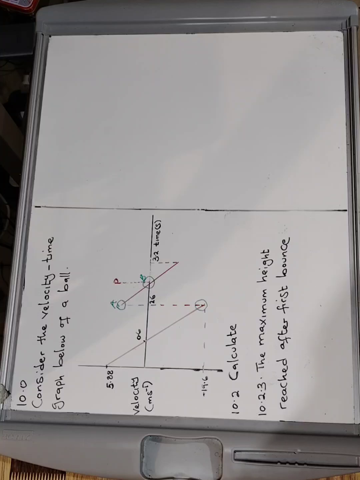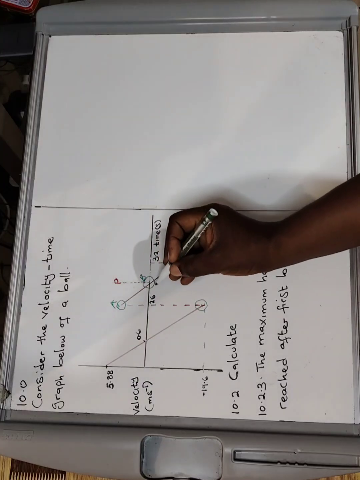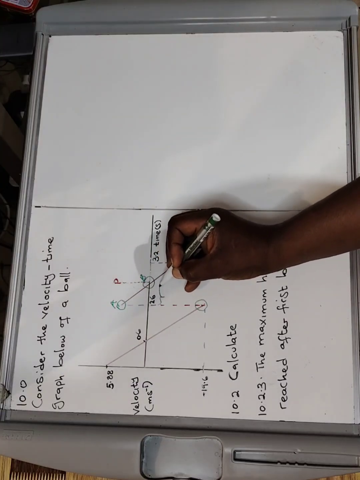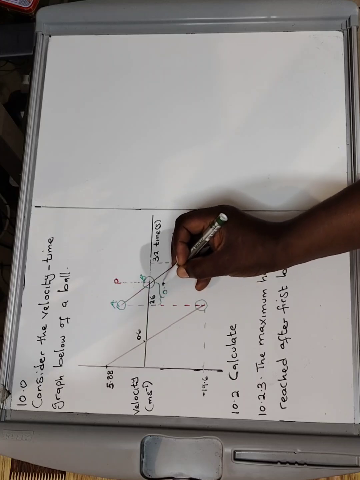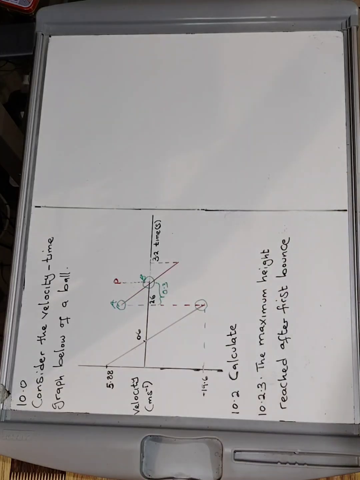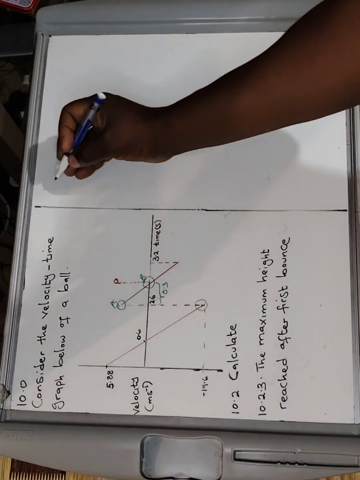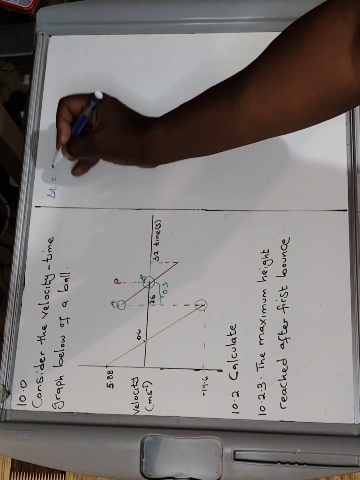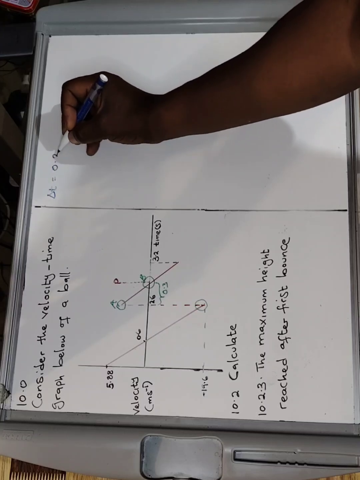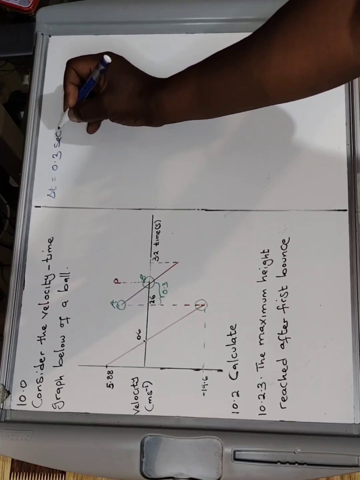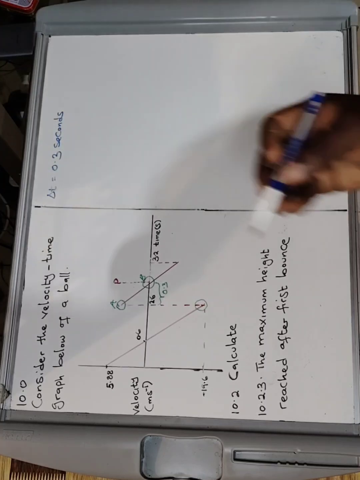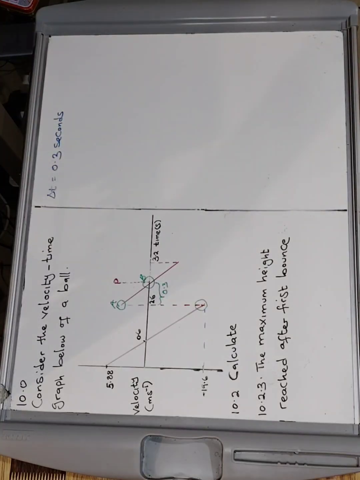So what information do we have there? First of all, we know the time range. You have just calculated it from here up to here. We found that it is 0.3. So that's the time taken to reach maximum height. Okay, what else do we know? We know the velocity at maximum height.